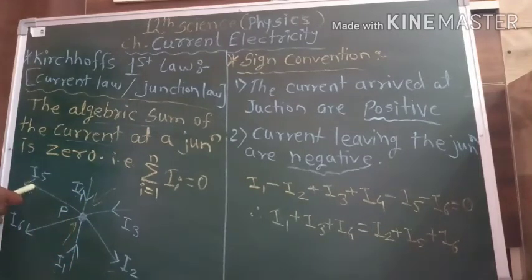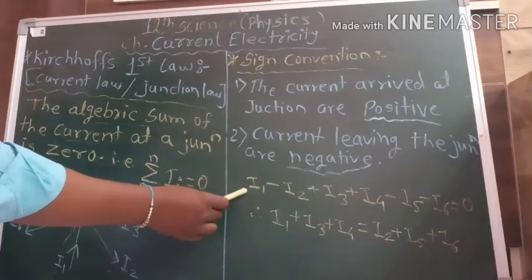I5 and I6 are leaving the junction, going away from it, therefore I5 and I6 are considered negative.